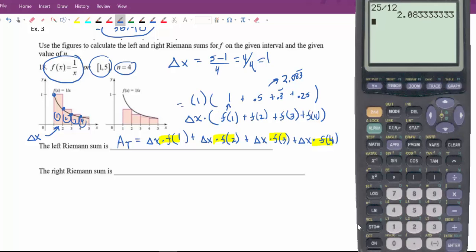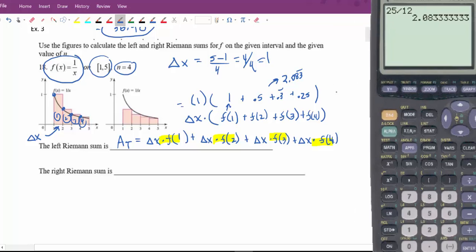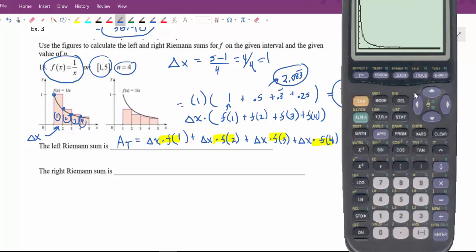So the exact answer, I was going to try to show you the calculator to do that, is 25 over 12. So that is the left Riemann sum, which gives that, okay? All right, now if I do the graphing like I did, and again, if I go second trace, option 7, the lower limit on this, we're integrating from 1 to 5.